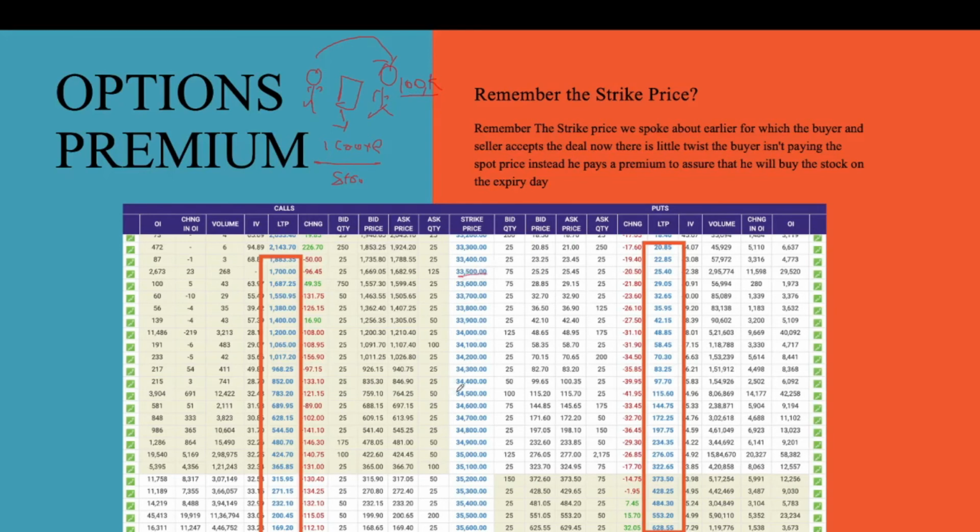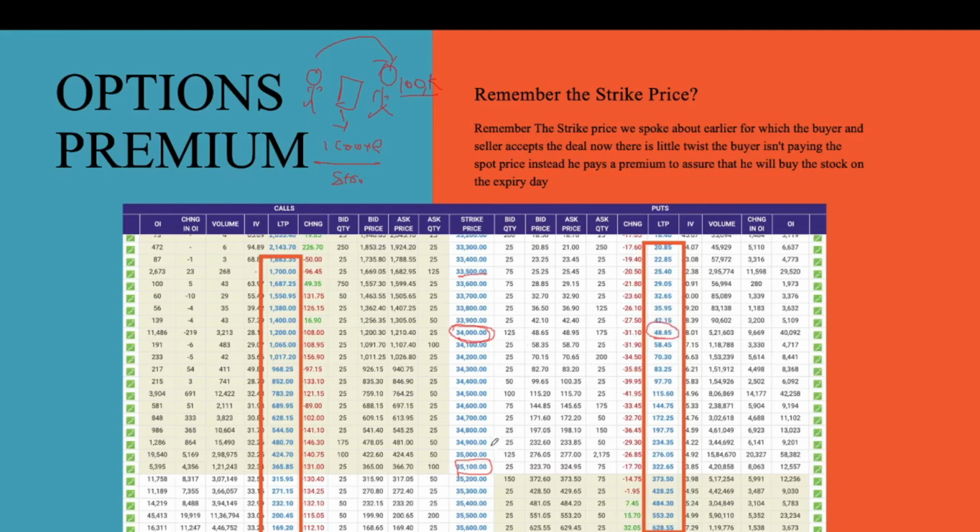So you remember this particular stock. Now let's assume this market is at 35,100. Now what I'm deciding here is I know that the stock will fall to 34,000 levels. Now what I'm doing is I'm going to buy a 34,000 put option, and the premium is 48 rupees.